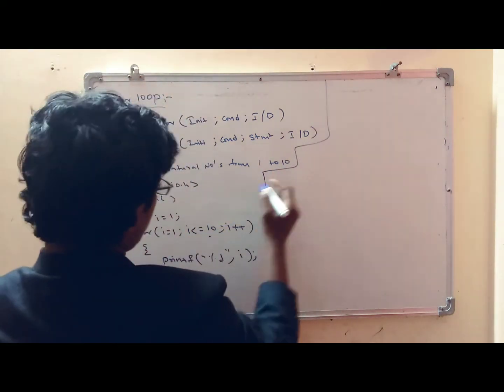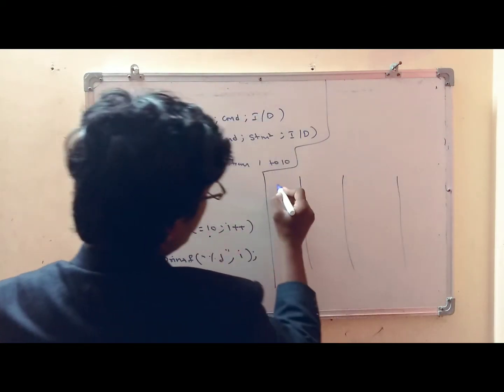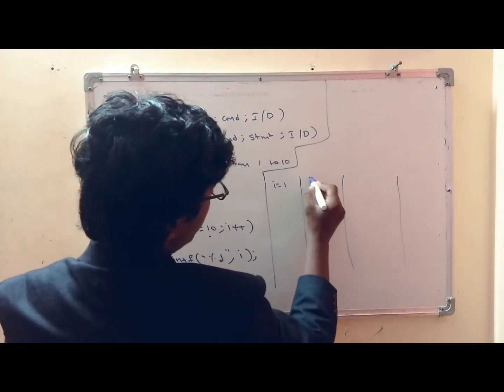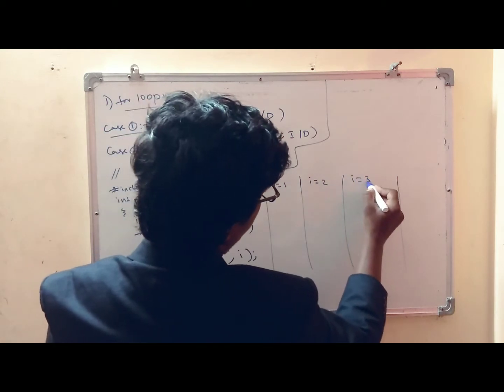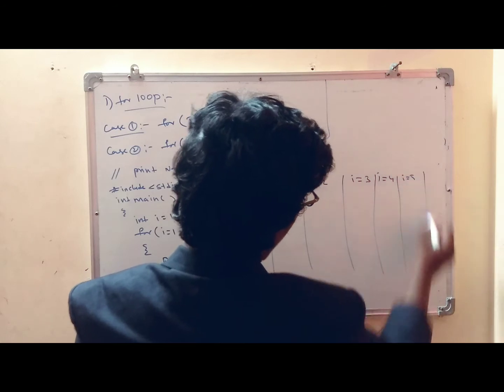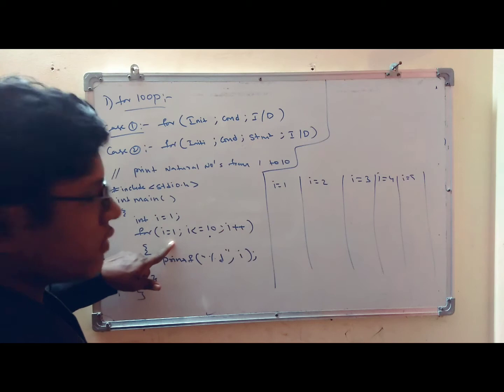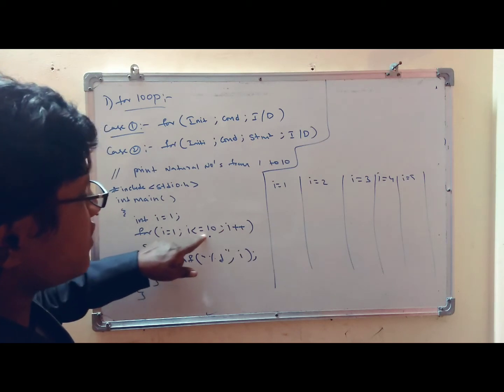So firstly, you see the working rule: i equal to 1, i equal to 2, i equal to 3, i equal to 4, i equal to 5, and so on. Firstly, i equal to 1, so the condition is 1 less than or equal to 10. Is this true or false? Yes, it is true, because 1 is less than or equal to 10.